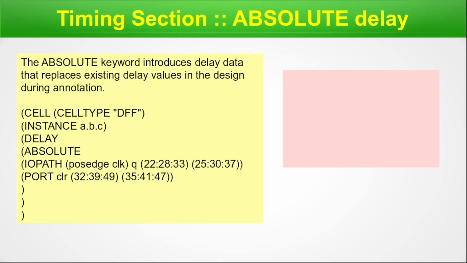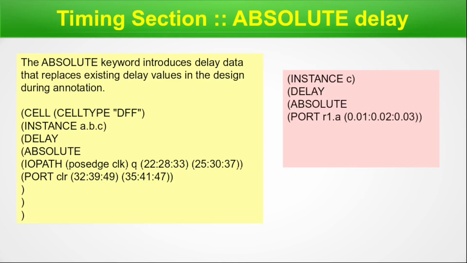Now just pause here. This RTRIPLE format needs to be described in detail, so wait for that. First, you see how this is written inside the DFF. Next, we go for the explanation. So here we have another instance, delay, and then we have absolute, then we have port R1.A, and then we again have the RTRIPLE format. And then again we have another port, that is R2.A, and we again have the RTRIPLE format.